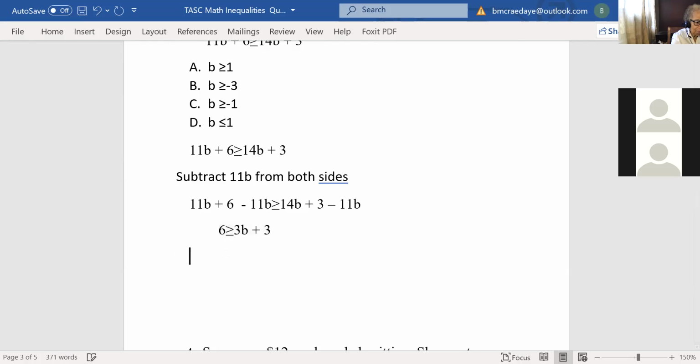The 3B from the 6? No. You subtract 3B from both sides? No. You're trying to get those constants together. You're trying to get the 6 and the 3 together. So what do you do, Maureen?